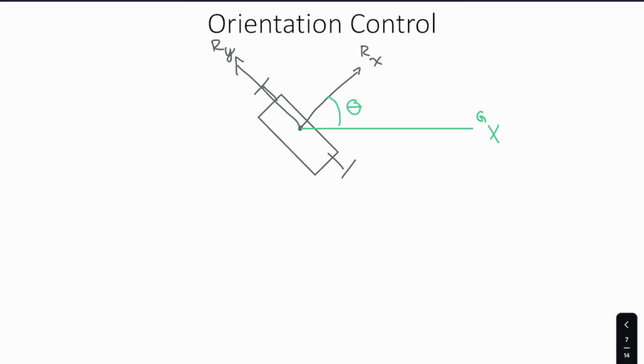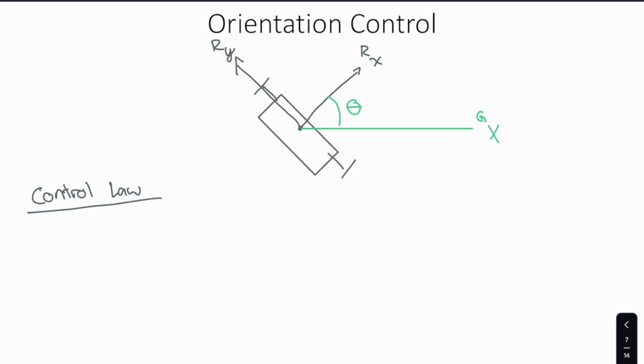The nice thing about our differential drive robot is that we can directly control the orientation without changing our position at all. So we're going to come up with our control law for orientation control. And that's going to require me to first give us a goal orientation.